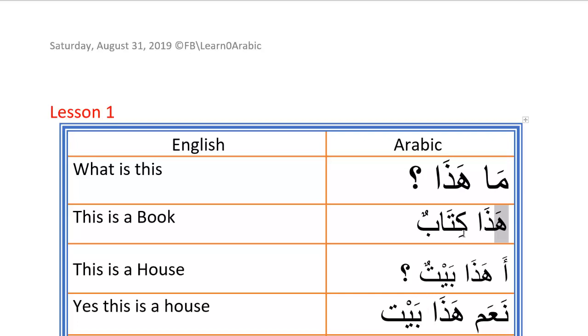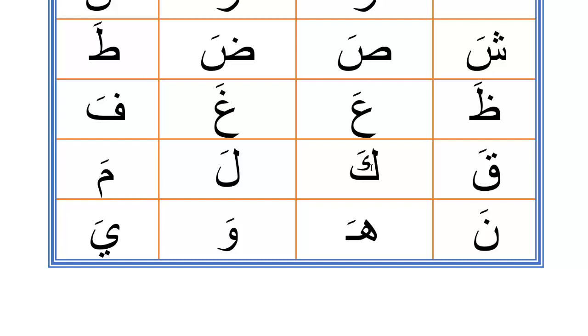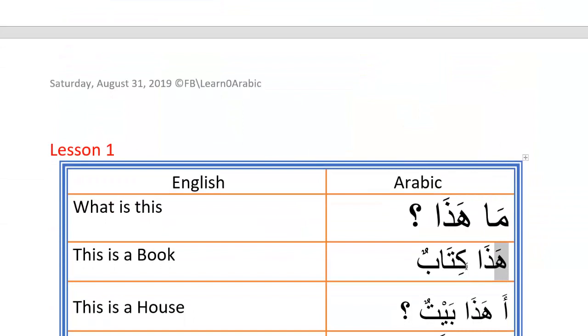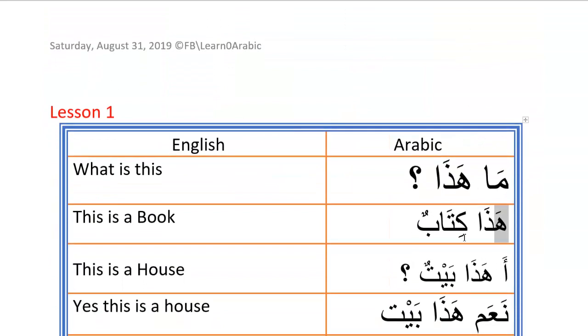This is our kasra. If you remember, here we say kaf fatha ka. But this kasra, how to say? Kaf kasra ki. You see? Ki. It is different. Ka, ki.